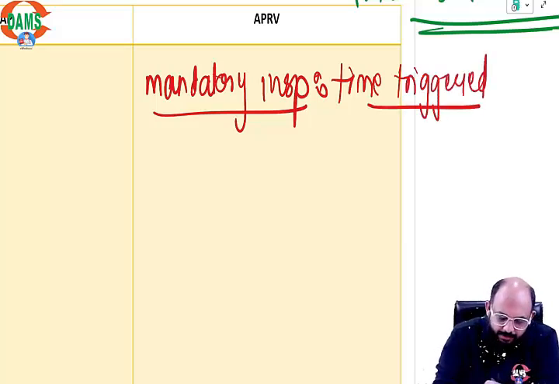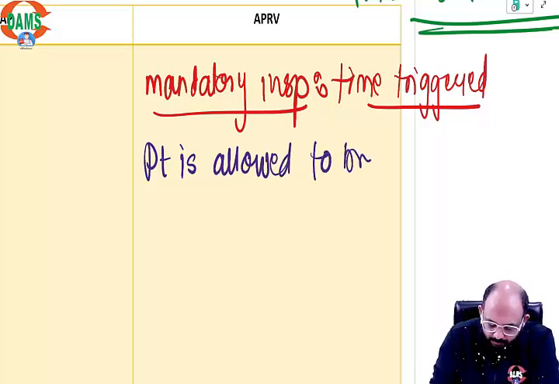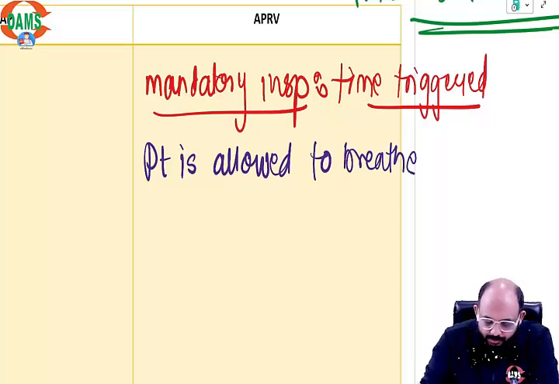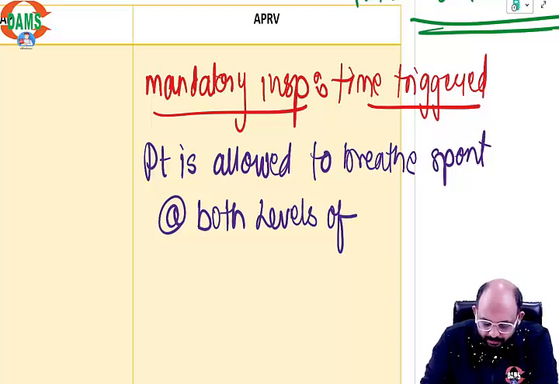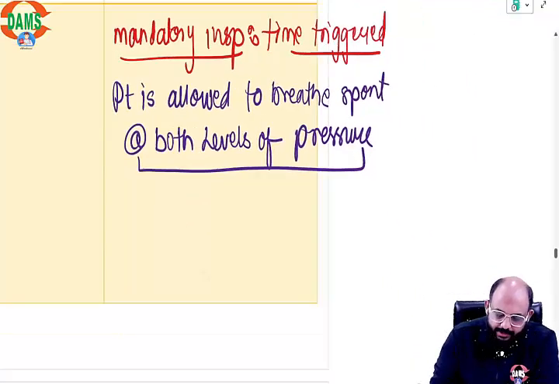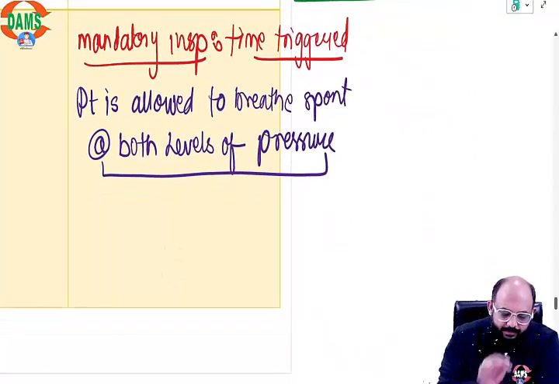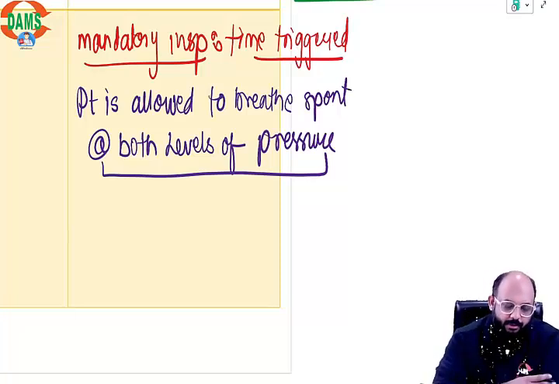Patient is allowed to breathe spontaneously at both the levels of pressure, the higher pressure and the lower pressure.